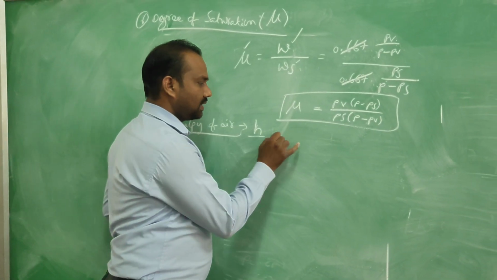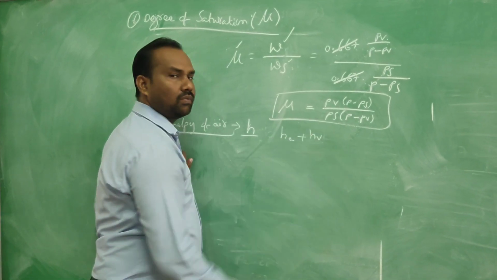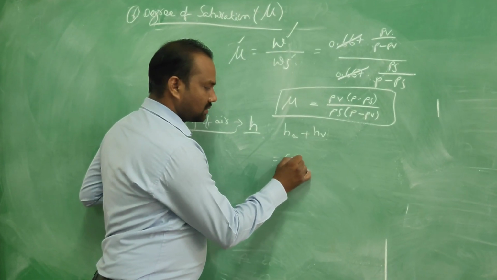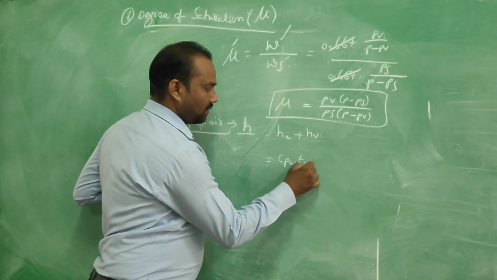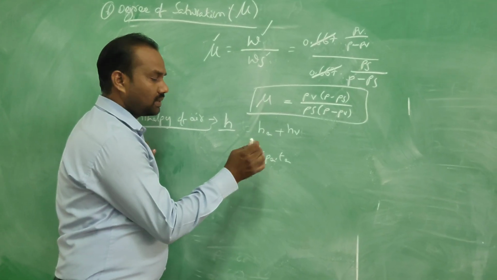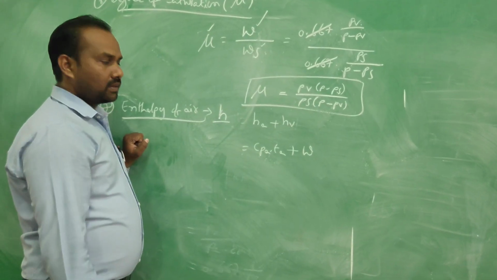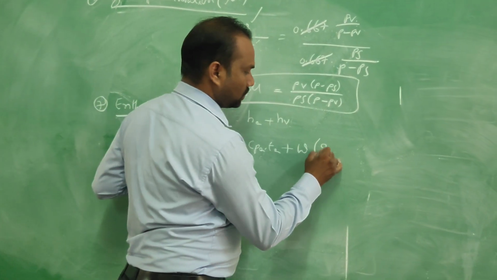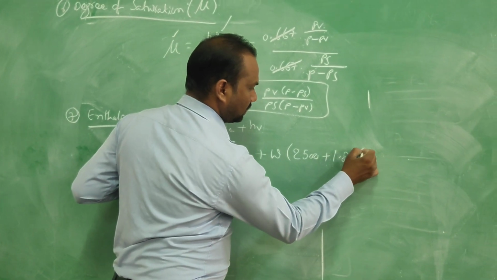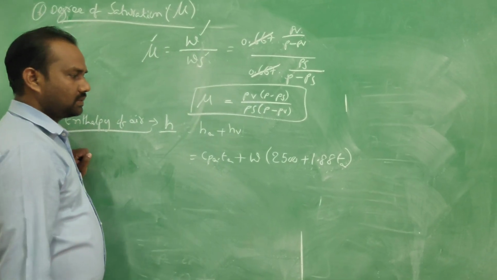The enthalpy is calculated as the enthalpy of dry air plus the enthalpy of water vapor. The enthalpy of dry air is calculated as Cpa into Ta, where Ta is called the dry bulb temperature and Cpa is the specific heat of dry air, plus the water vapor part, which mainly depends on omega. So omega into 2500 plus 1.88 T, where T is the dry bulb temperature.